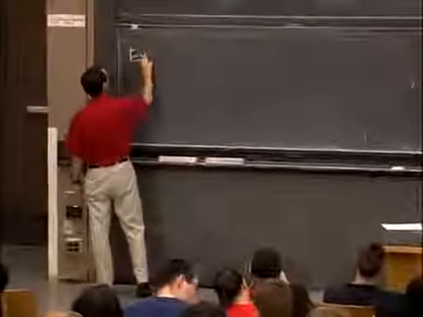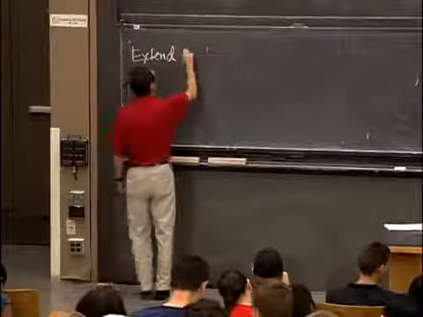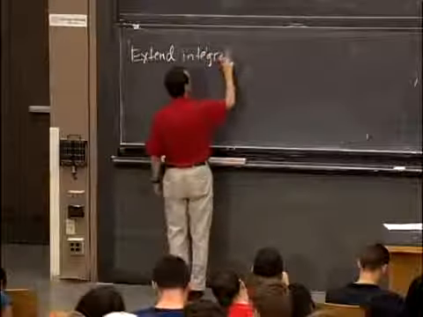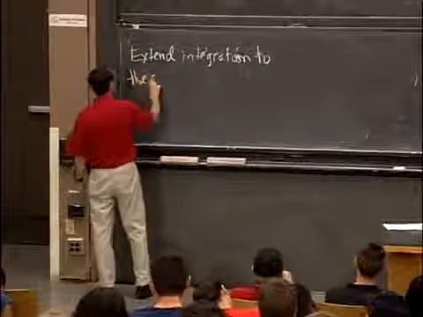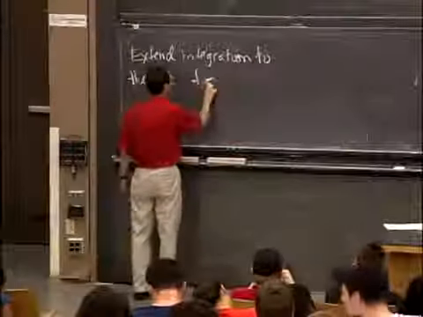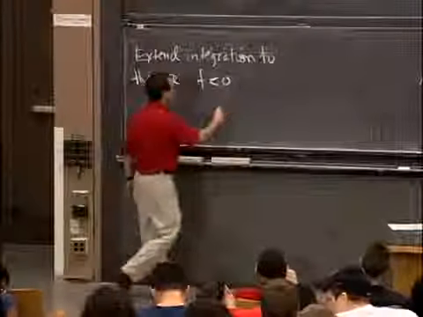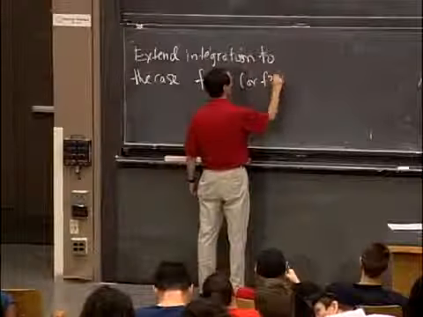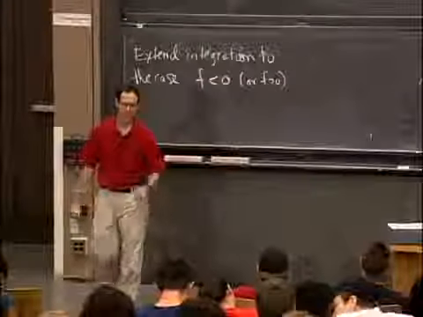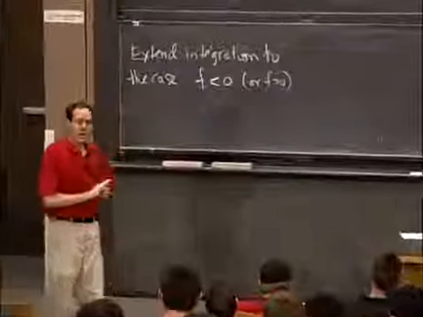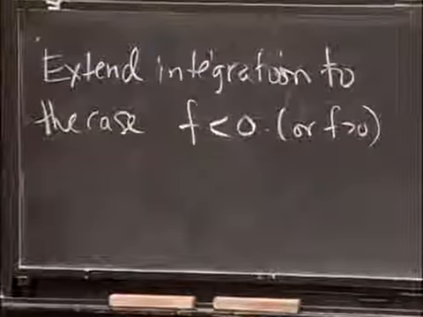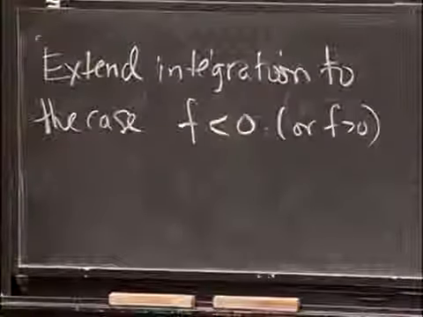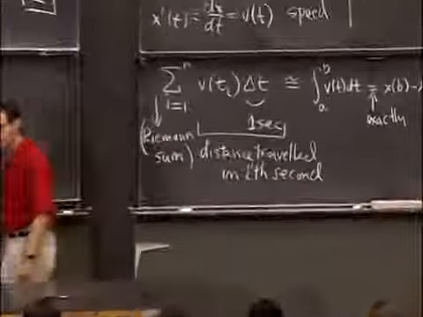So we'll extend integration to the case f negative or positive. In other words, it can be any sign. Actually, there's no change. The formulas are all the same. We just, if this v is going to be positive, we write in a positive number. If it's going to be negative, we write in a negative number. And we just leave it alone.